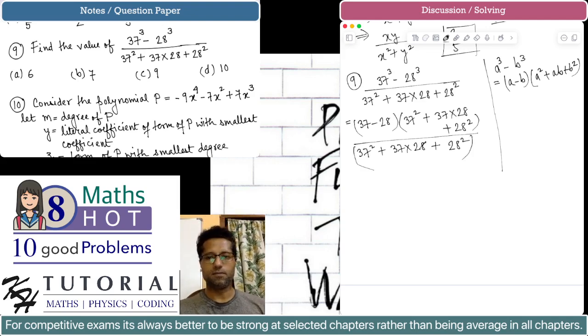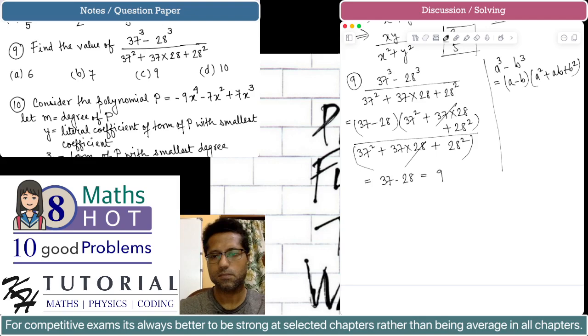So this term cancels out and we are left with 37 minus 28, which is equal to 9. So the correct choice is C.